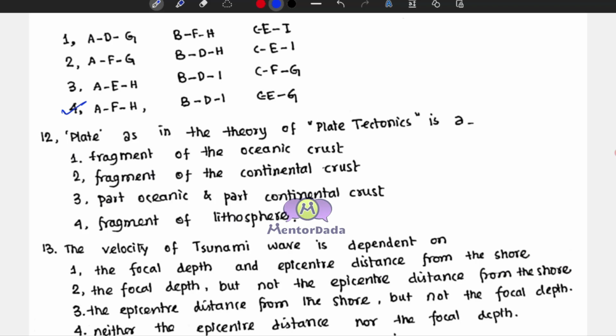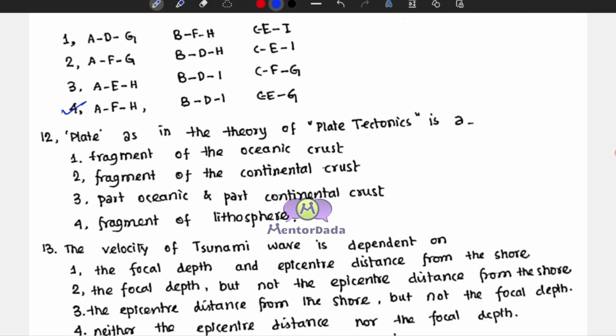Okay, look, a single plate does not contain just a part of ocean, just a part of continent. Okay, and plate does not deal with such terminologies, whether this is continental or oceanic. So plate means the fragments of lithosphere.